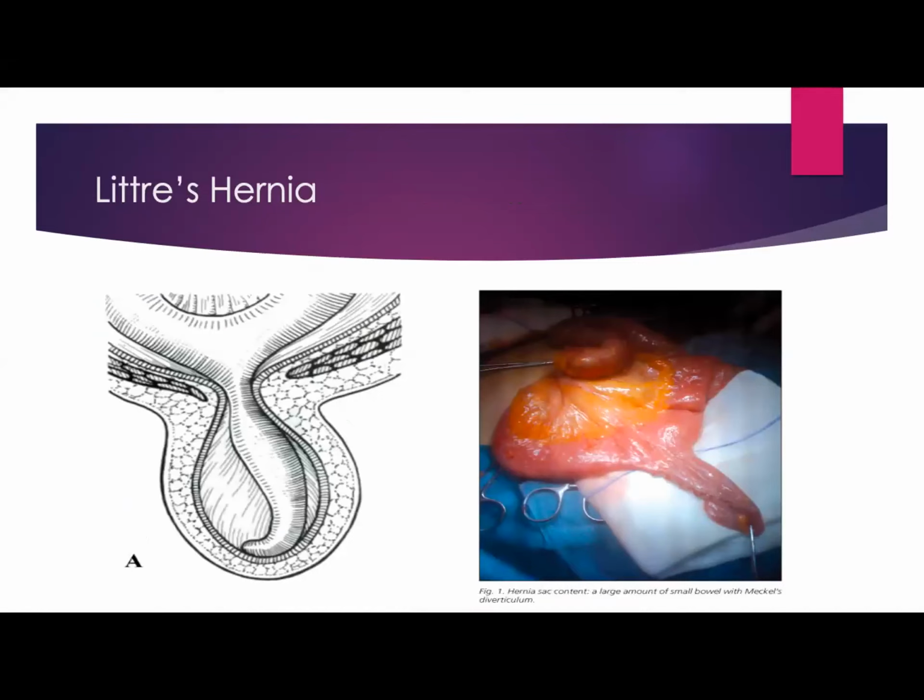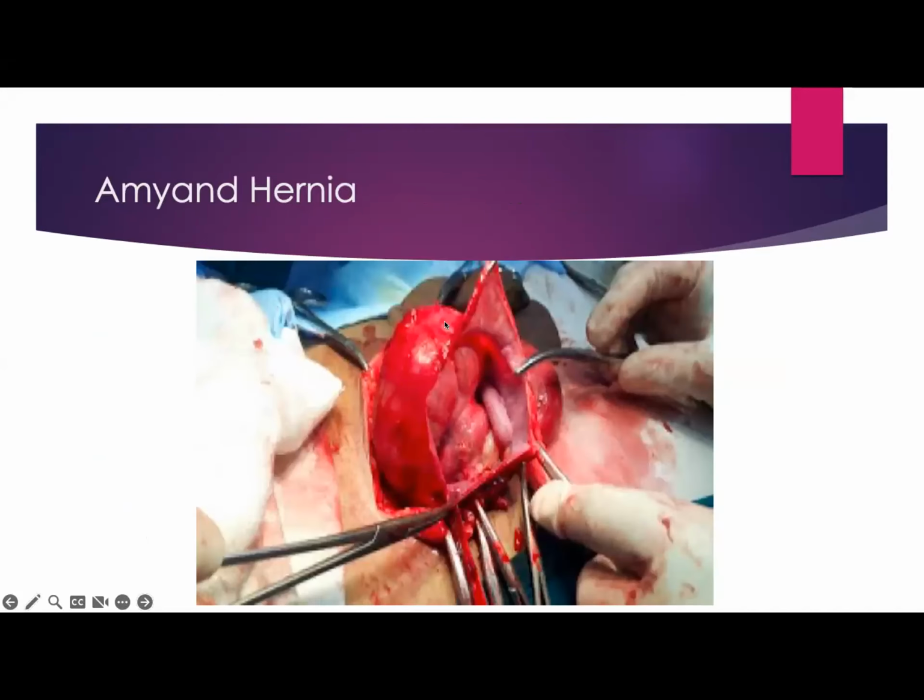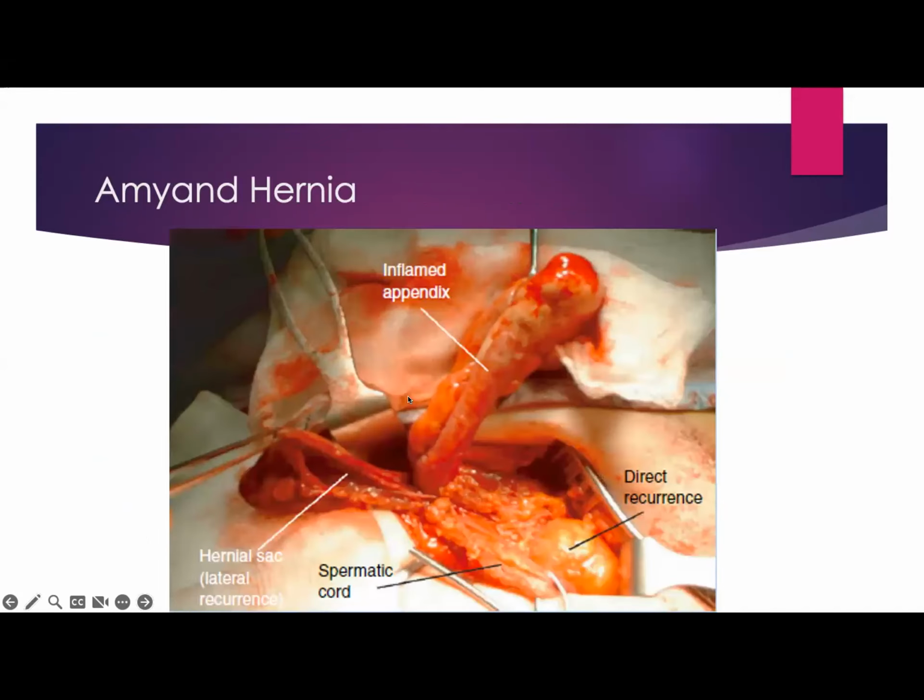So this is the Meckel's diverticulum in a hernia, and this is the Amyand hernia, which has the appendix, and this is the inflamed appendix as well.